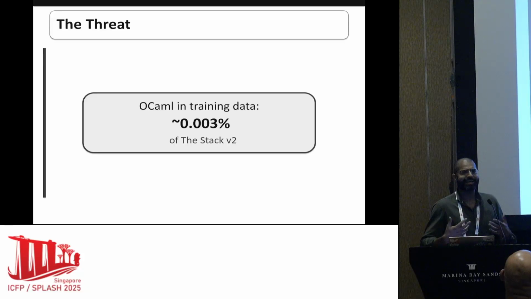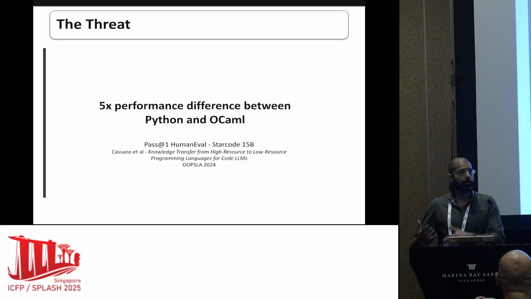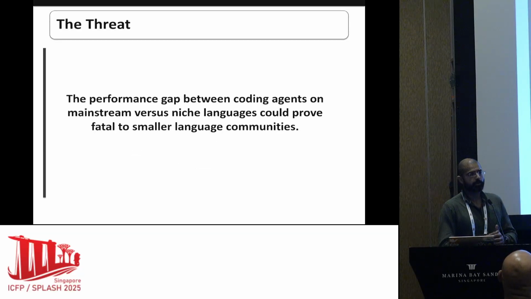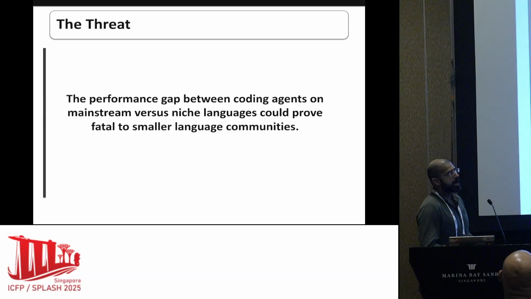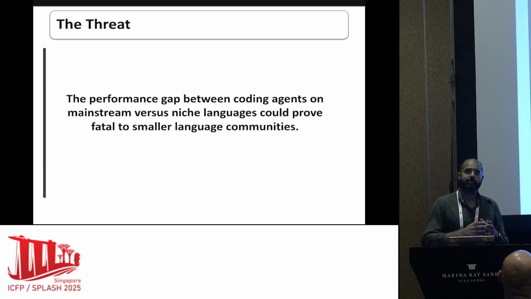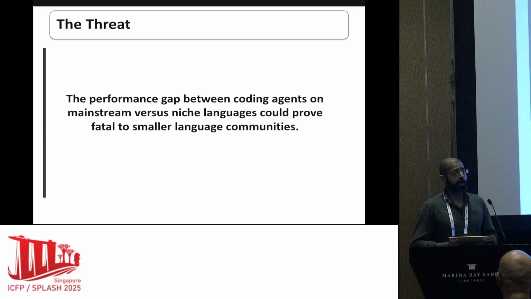And what is the impact of that? Well, a paper last year found that there's about a 5 times performance difference when trying to solve a problem in Python versus OCaml. And what I believe, and what I'm arguing in this talk, is that the performance disparity between code agents in mainstream languages and in niche languages is an existential threat to the communities around those languages in the medium term.